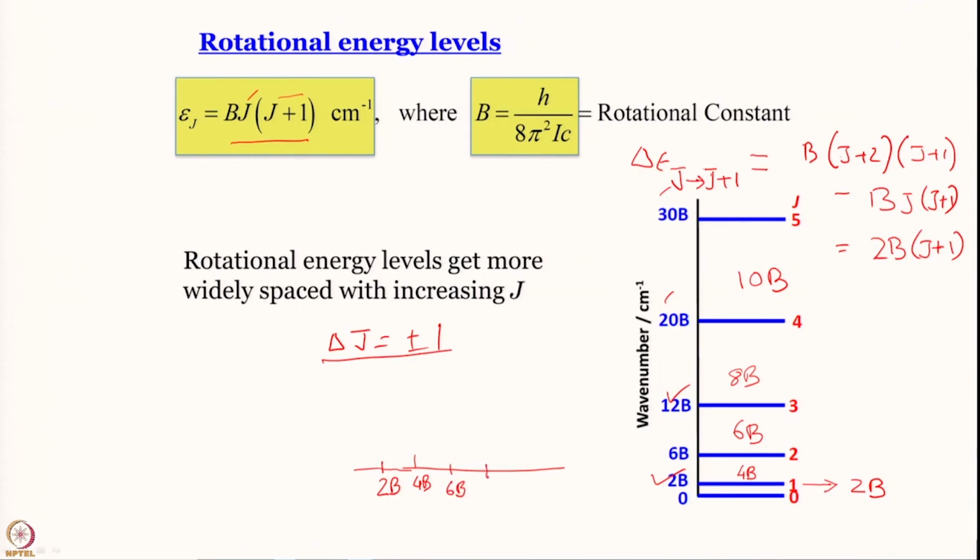The next one is 8B, next one is 10B, and so on and so forth. So, what you end up getting is spectra with lines that are equispaced for a rigid rotor. So, what we get is equispaced line spectra.